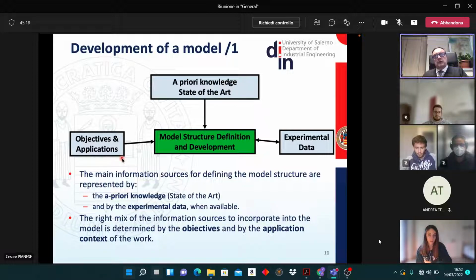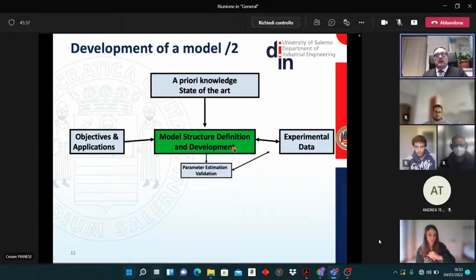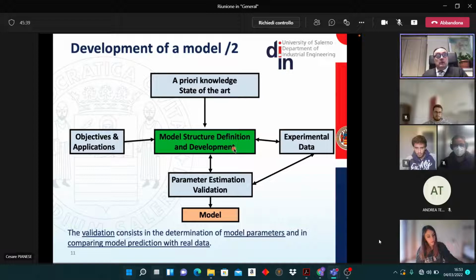Then, of course, this upper part of this approach provides you with the model structure definition and development. But we don't have the model yet. The model is at the very bottom of this process, at the very end, and perhaps we can move directly from here to the model.